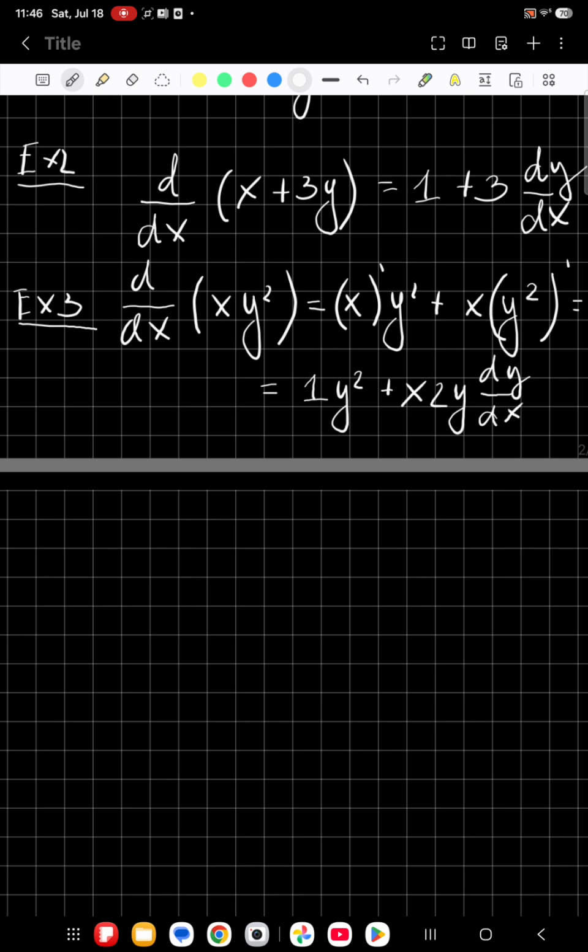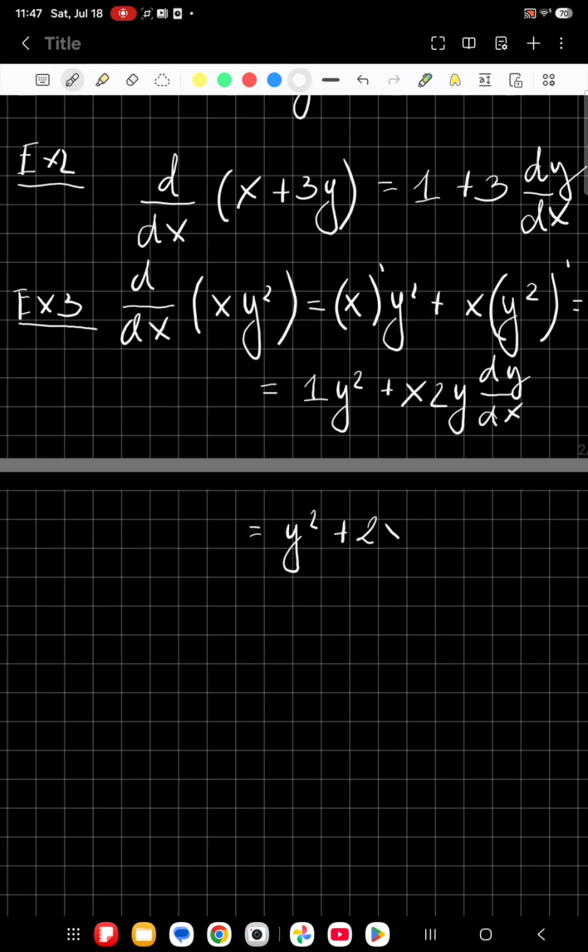Okay, so that basically is it. Let me just simplify it a little bit. We could factor out y, but it's not going to make it any simpler. So I'm just going to leave it like this.